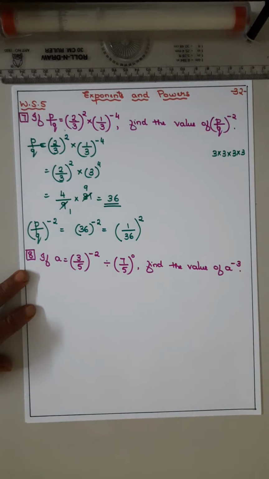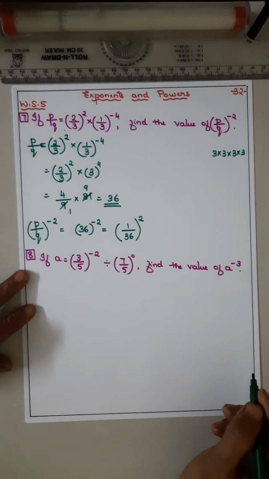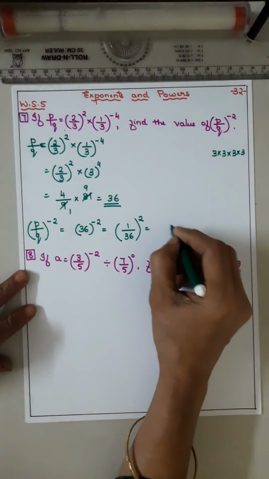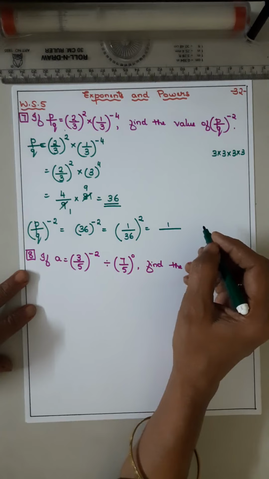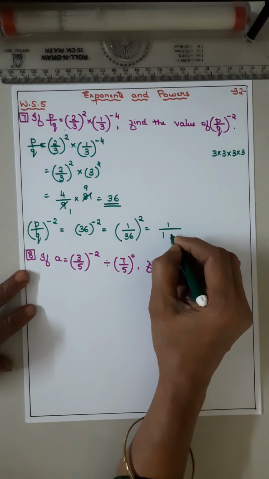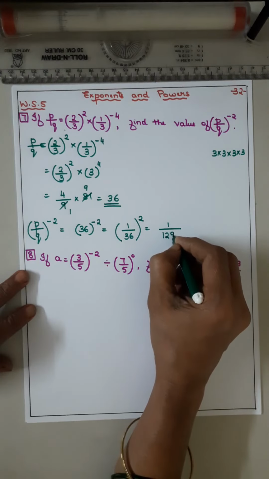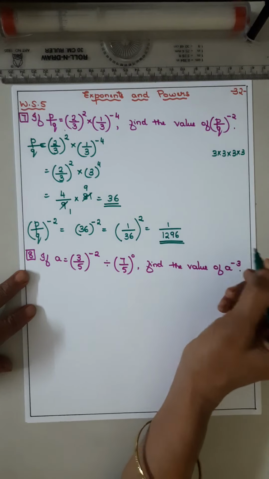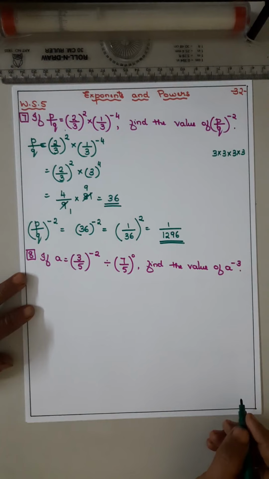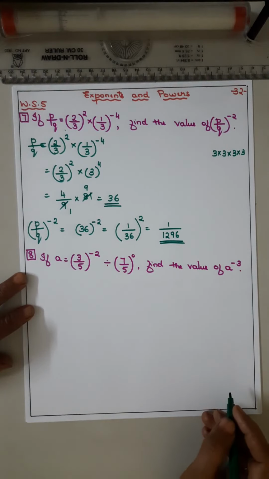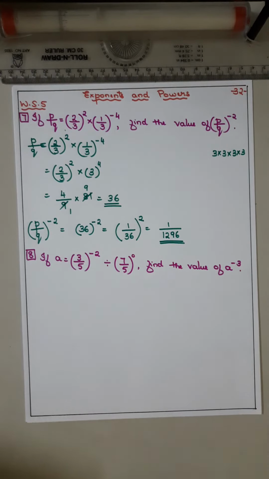Negative power means the reciprocal. Now 1 by 36 squared, 36 into 36 you will get 1296. Answer is 1 by 1296. That calculation you have to do.